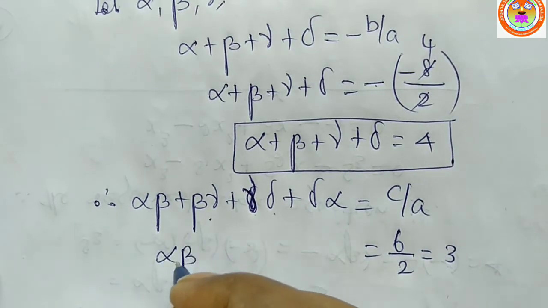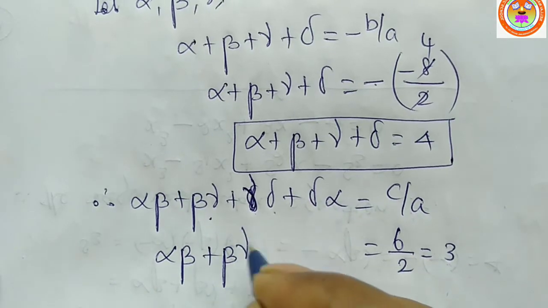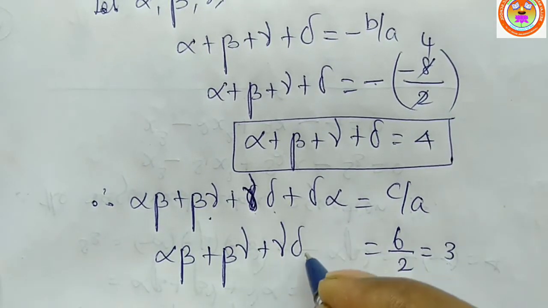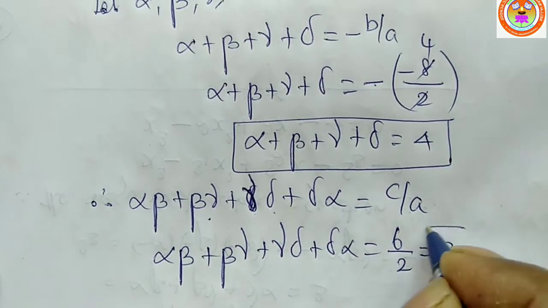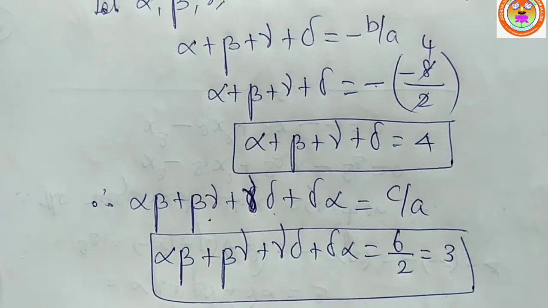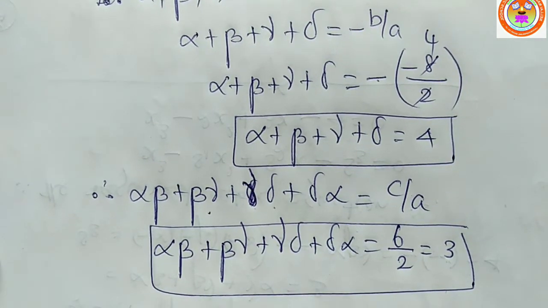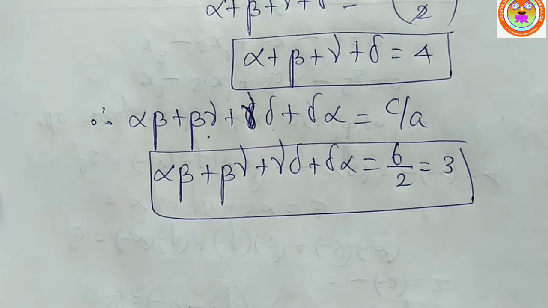Therefore, alpha beta plus beta gamma plus gamma delta plus delta alpha is equal to 3. For this question, no need of this S3 and S4.